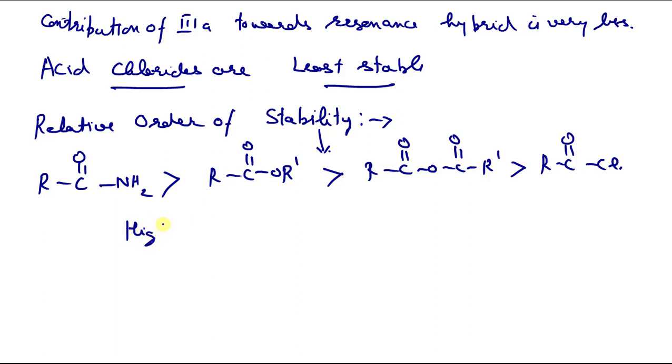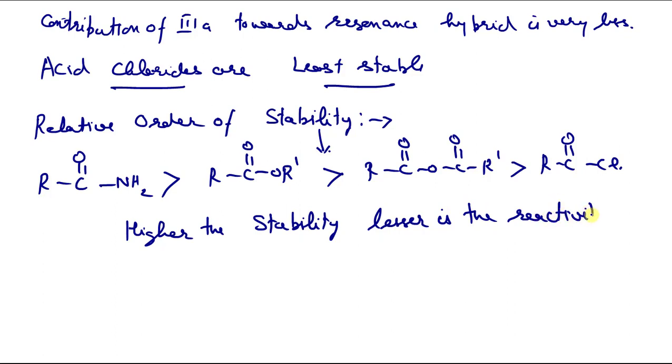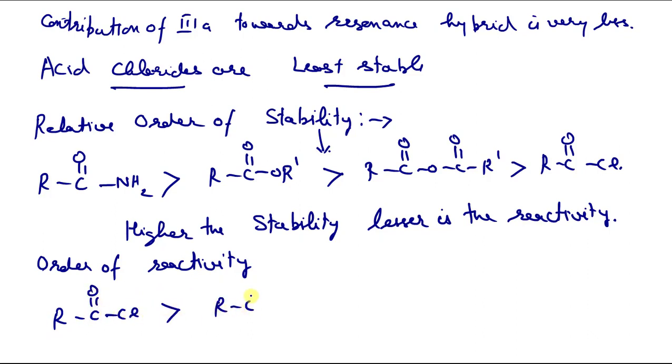Now higher the stability, lesser is the reactivity. So the order of reactivity will be the reverse of this order. Acid chloride will be most reactive, then anhydrides, then esters, and amides are least reactive.